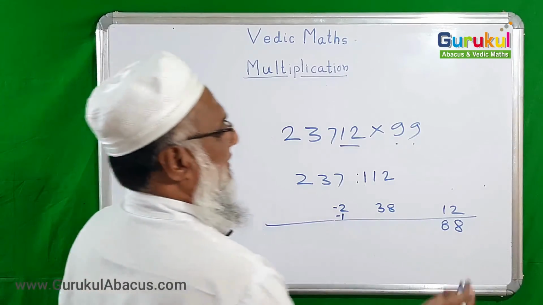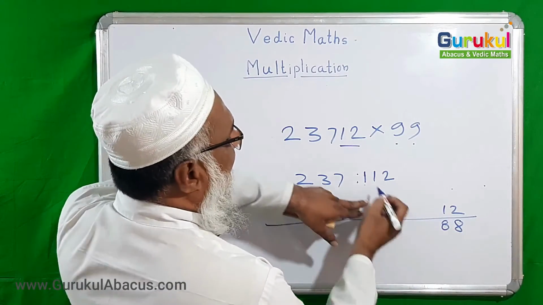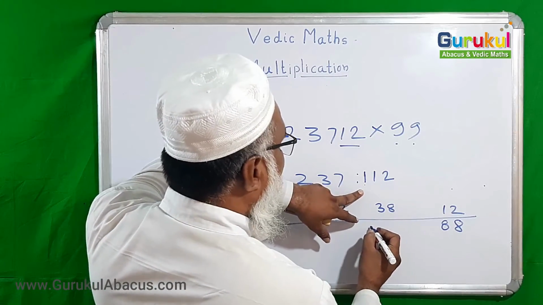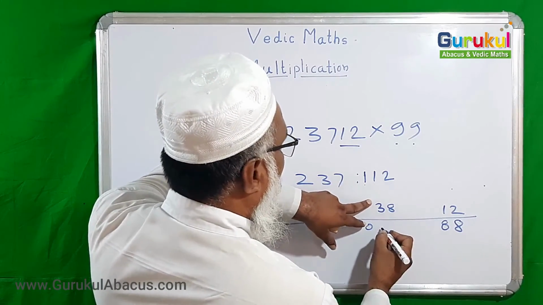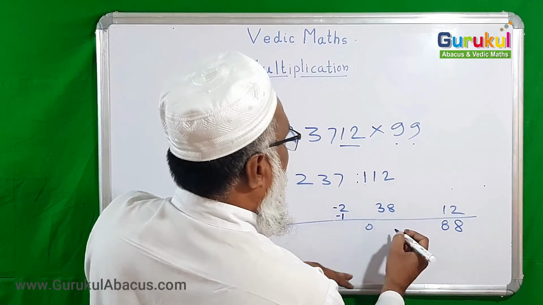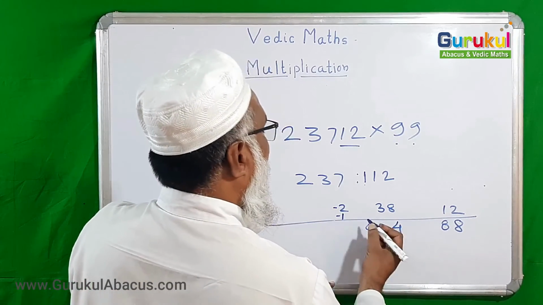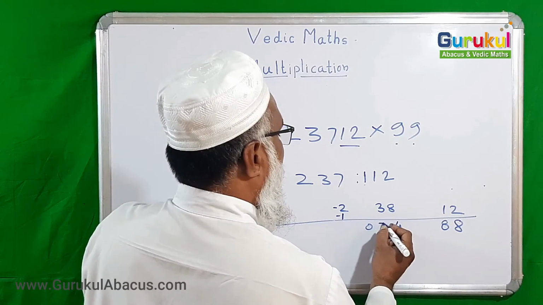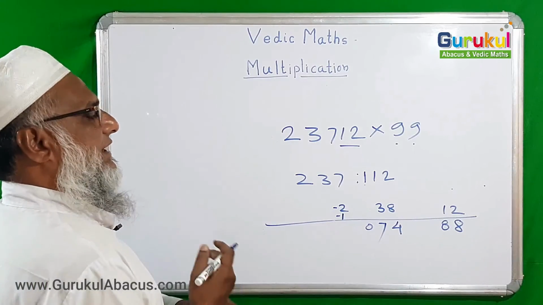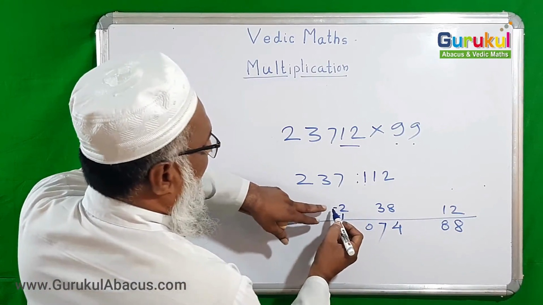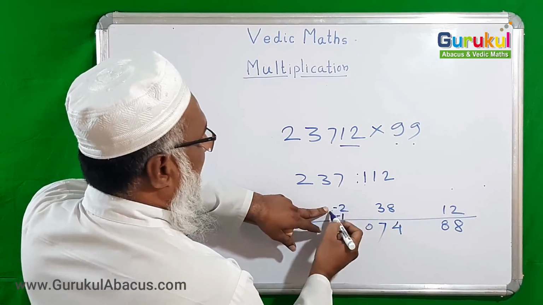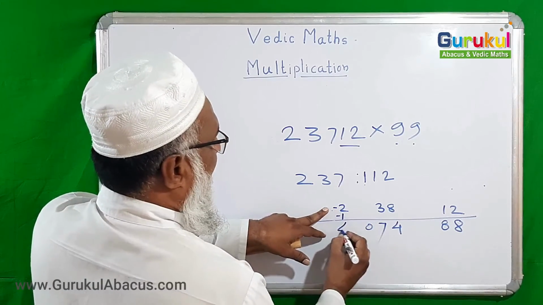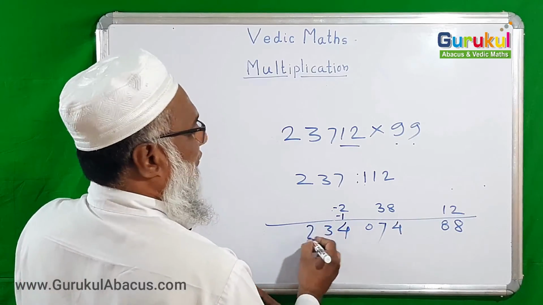Now here we have to subtract 38 from 112, so our answer is 74. Yeah, and then this 2 and this 1 together, this 3 I want to subtract from this number, so here I will get 432.